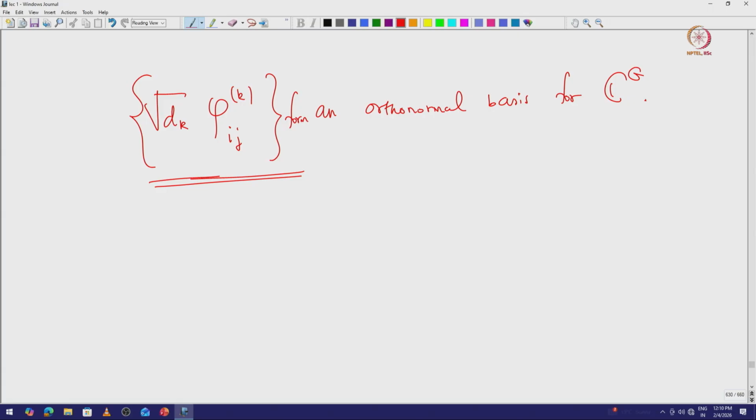So, before that let us actually define what is the Fourier transform. So, the Fourier transform is defined as follows. This is again a map T from CG.